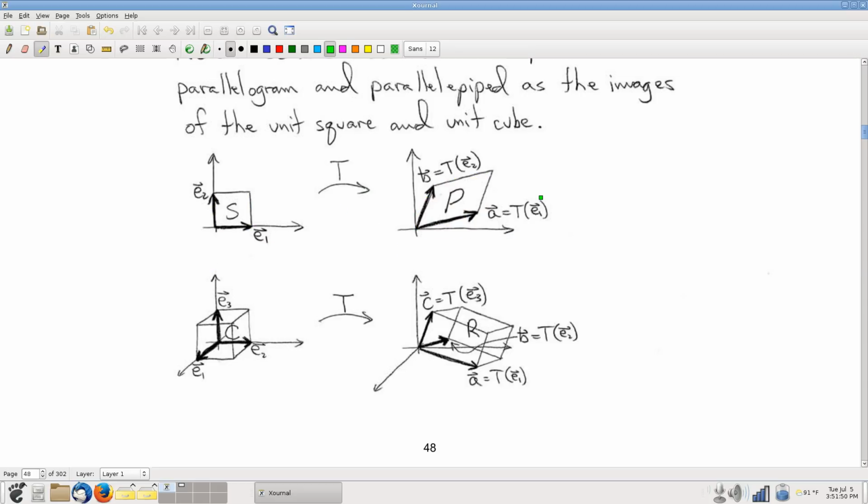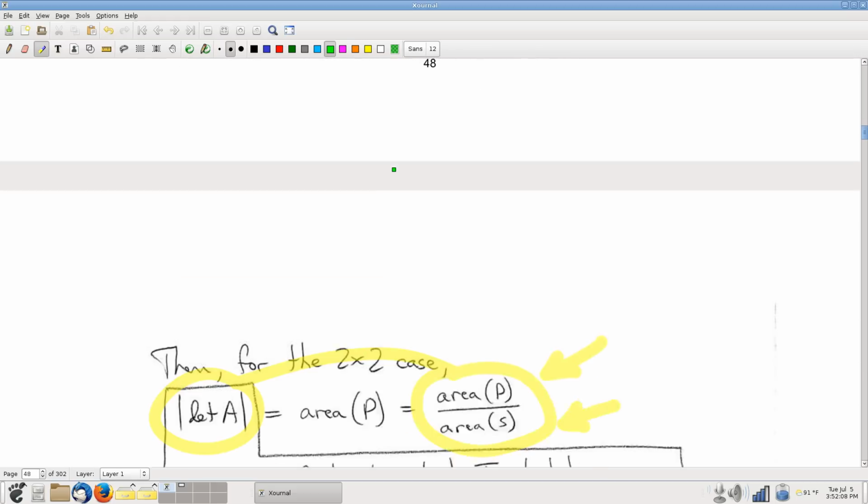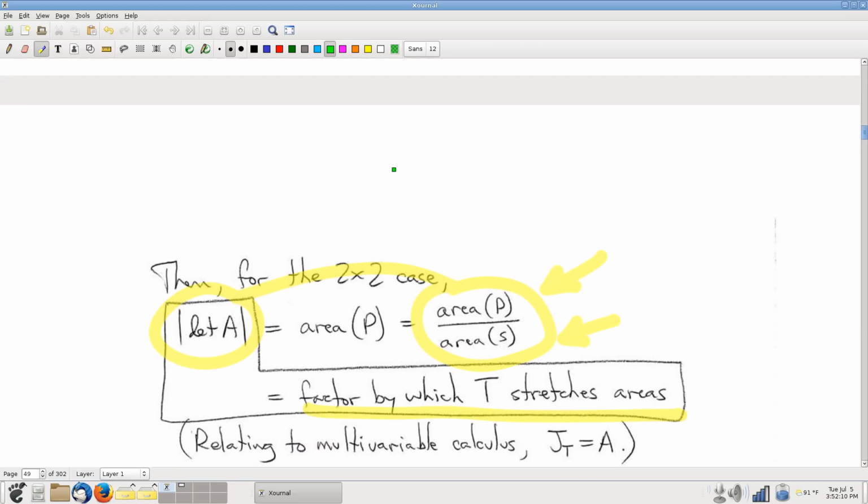Okay. So instead of thinking of it as an area, which is a static thing, we can think of it as a factor, an active, a process sort of thing, a stretching factor. How much did areas get stretched out by? Right. So it's not a new result, but it's a new point of view on our old result.